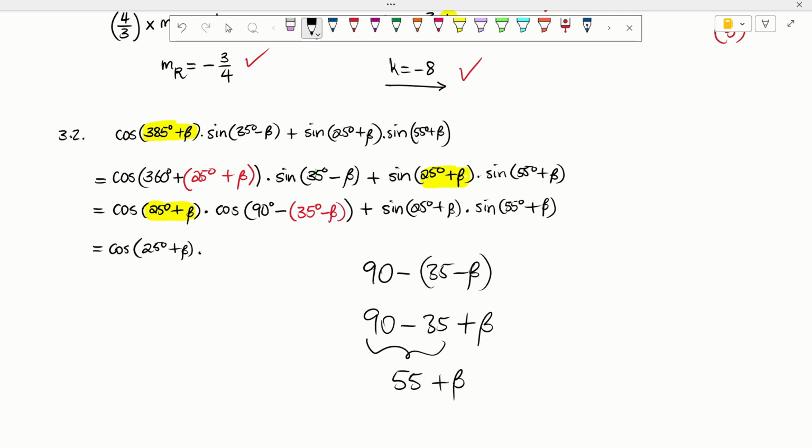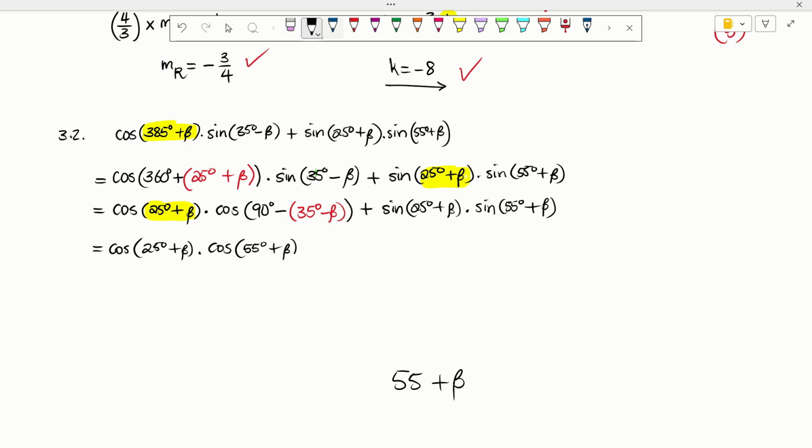So that's what I reduce this to, 55 plus beta. So I write that in my bracket: multiplied by cos 55 degrees plus beta, and then everything else I keep the same way: 25 degrees plus beta multiplied by sine of 55 degrees plus beta.